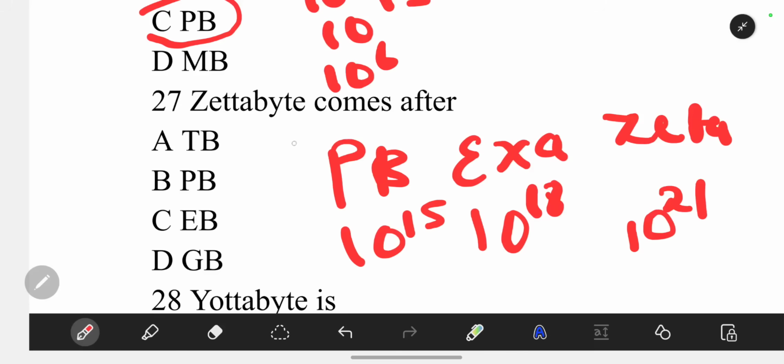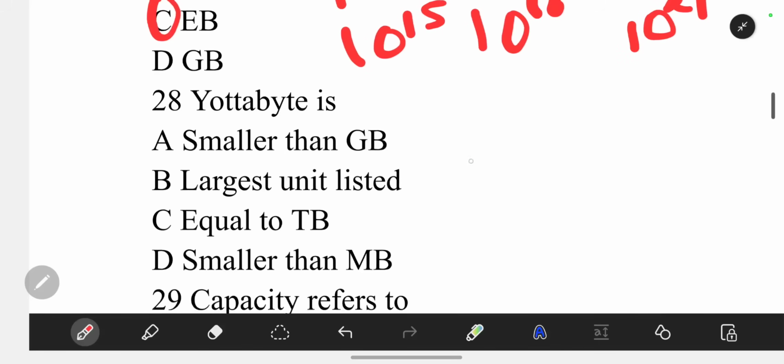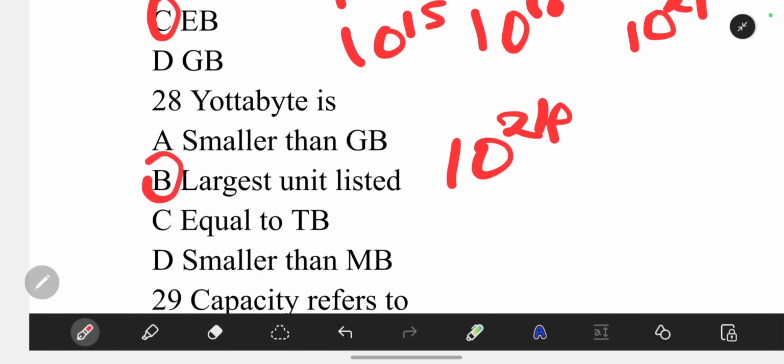Zetta comes after the exabyte. Yottabyte is the largest unit. So yotta is 10 to the power of 24, the largest unit listed.